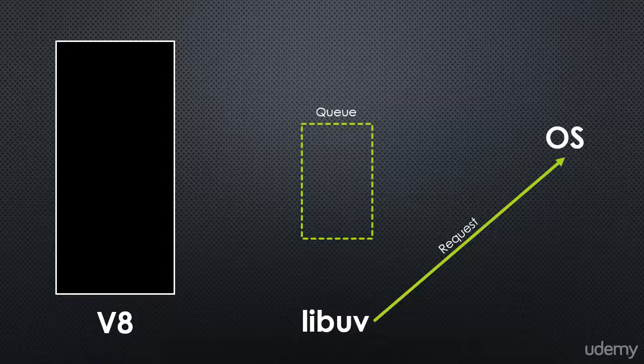And inside libuv, the most important part is called the event loop. And that's a loop in which libuv is constantly checking the queue that something has happened. And this again is happening while V8 is running.